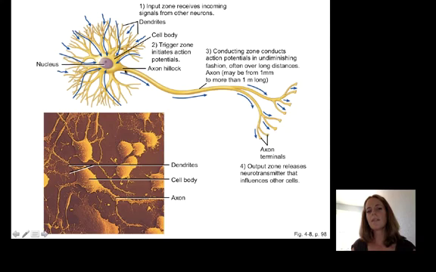And then if it's enough, we'll get the action potential traveling down the axon to the very end of the branches where we've got the axon terminals. That is then the output that will release neurotransmitter to influence other cells.